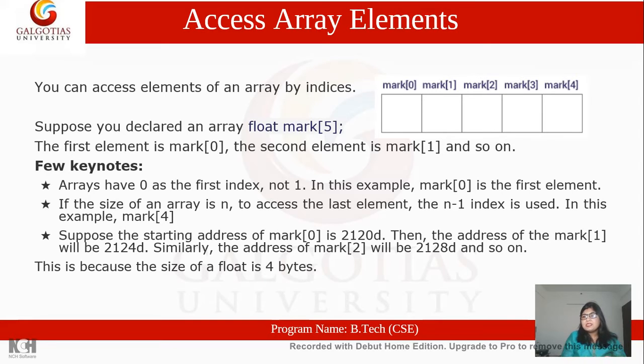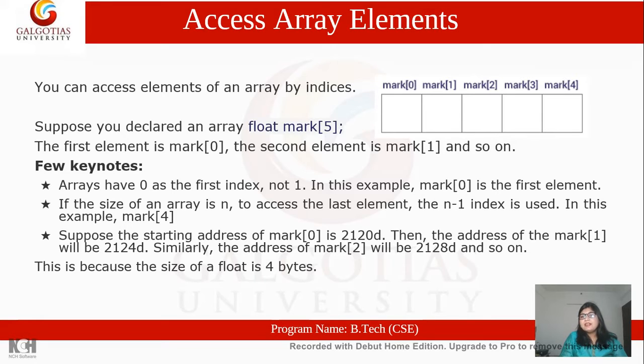Now the question arises, suppose we have already declared an array, then how do we access the elements of the array? Because ultimately our goal is to access the elements, the data part. So the one line simple answer is you can access elements of an array by indices or index values.